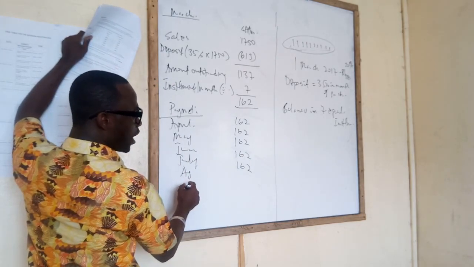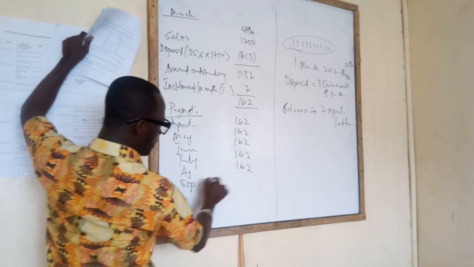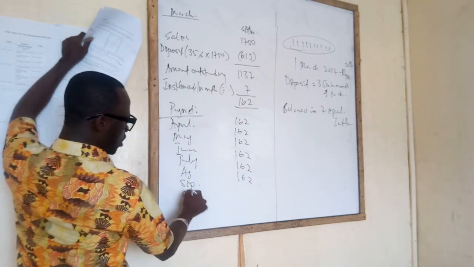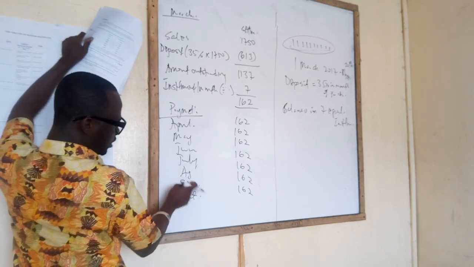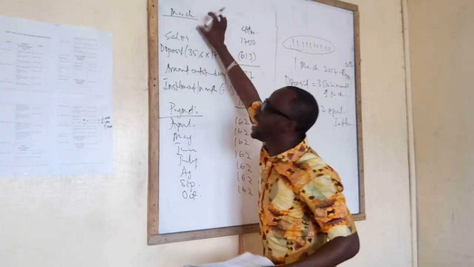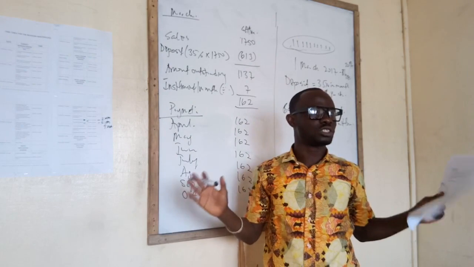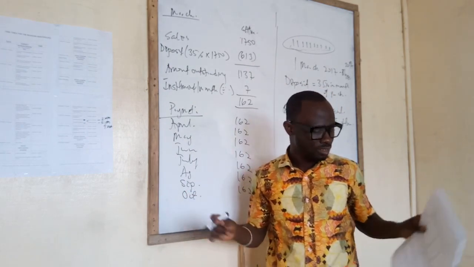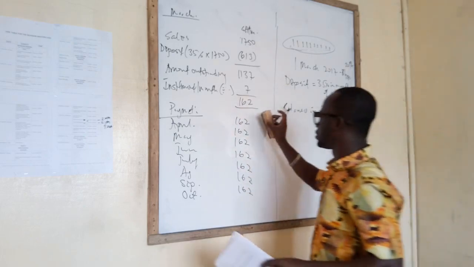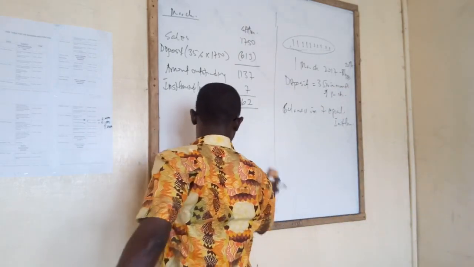From August you go where? September 162. October 162. So 1, 2, 3, 4, 5, 6, 7. So meaning the March sales, no amount is outstanding. Everything has been paid. Does it make sense? Okay. I don't need this. I just did that for your workings.